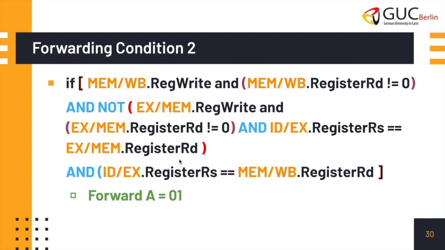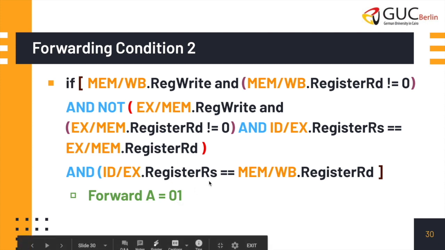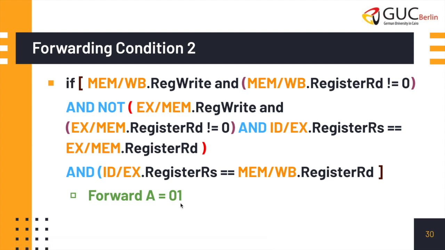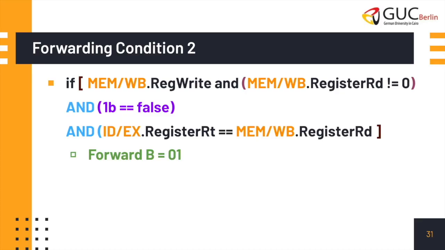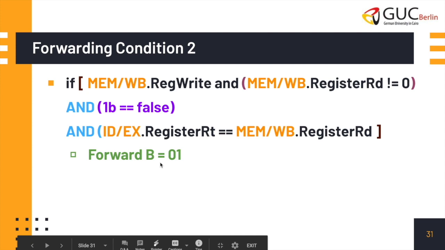Okay, so forward a will be 0, 1 because we are concerned with register RS, so we are concerned with forward a, and 0, 1 means you are now allowed to forward the data from the mem/writeback pipeline register.